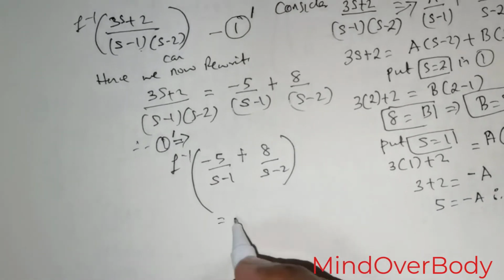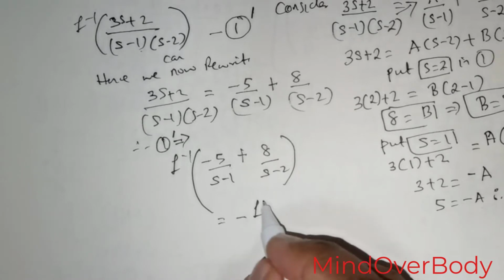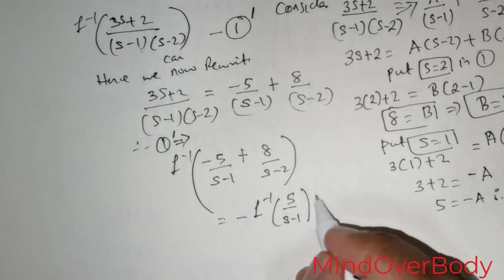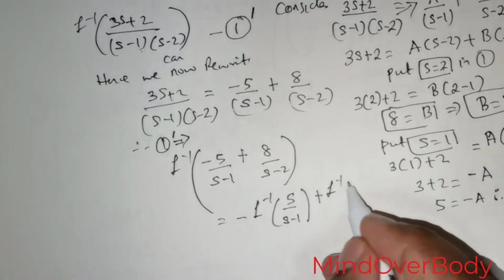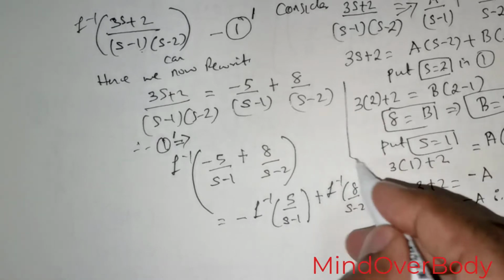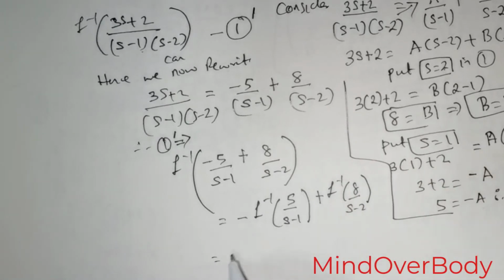By linearity I can rewrite this as negative 5 times L inverse of 1 over (s - 1) plus 8 times L inverse of 1 over (s - 2).